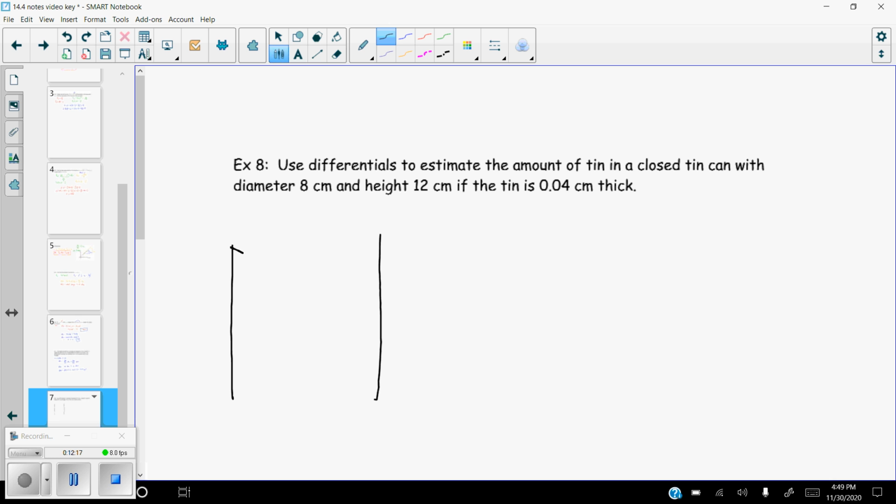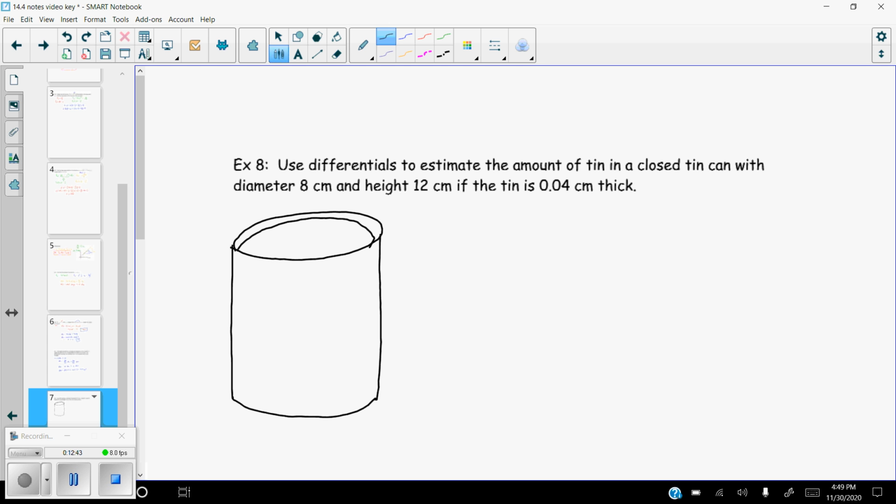So you're going to have your can, which looks something like that, but then it also has a thickness to it, and this is where my lack of drawing skills is going to show up. There's going to be a thickness to the inside of the can.